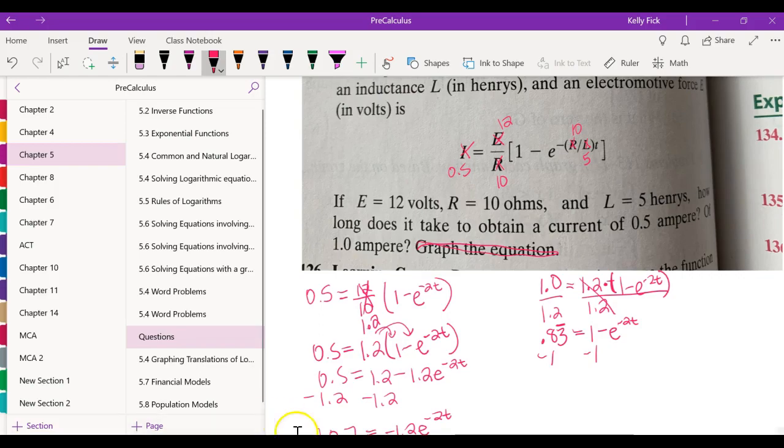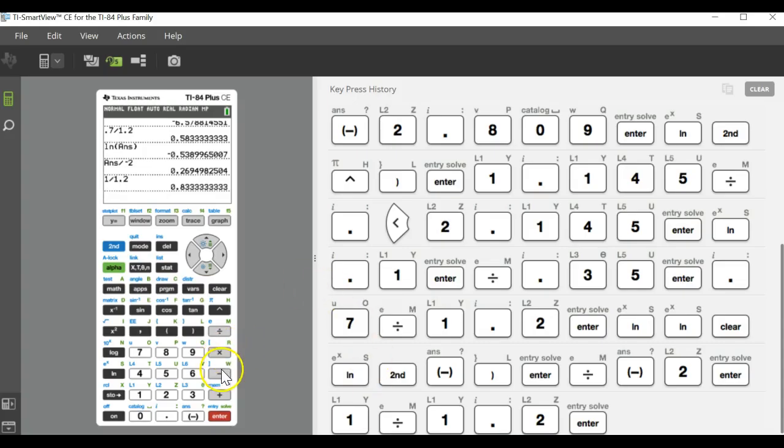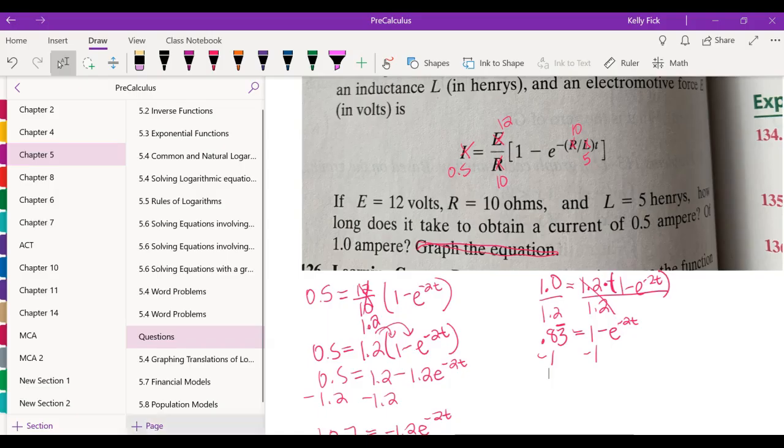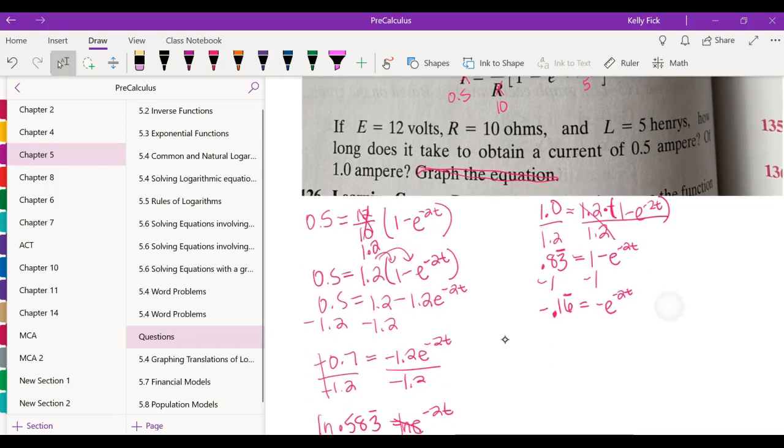Then I would subtract 1 from each side. I get negative 0.16 repeating equals negative E to the negative 2T. I would divide each side by negative 1, which gives me 0.16 repeating equals E to the negative 2T. I would natural log each side.